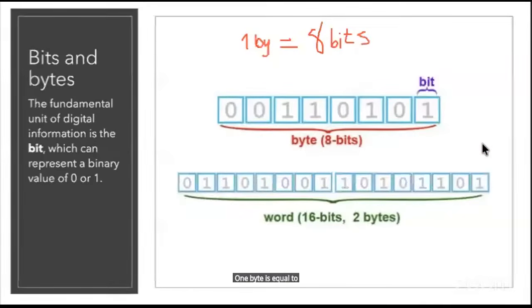That means 2 bytes will be equal to 16 bits. 3 bytes, you should be able to tell what it is. And I'm saying that a bit is the smallest unit in computing. Nothing is less than a bit.